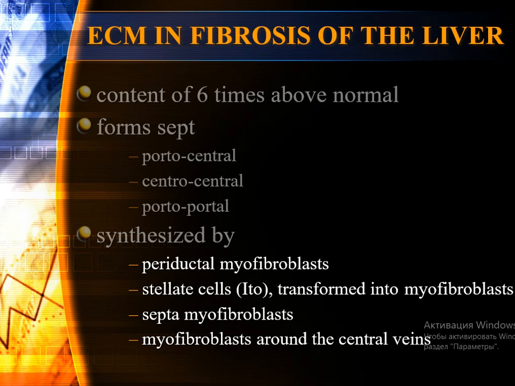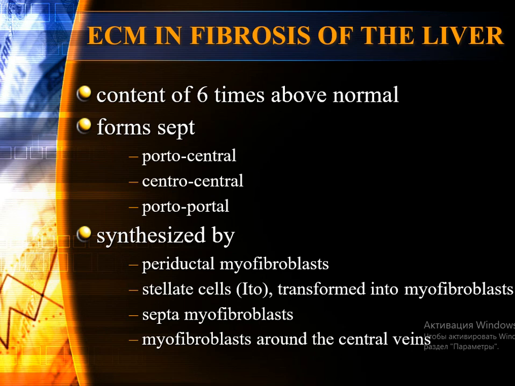When we talk about liver fibrosis, we see extracellular matrix content of 6 times above normal, and we see formation of septa, similar to formation of bridging necrosis, according to links between different components of hepatic globules.